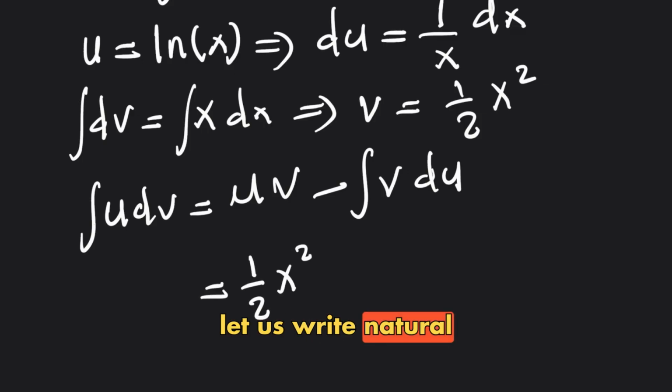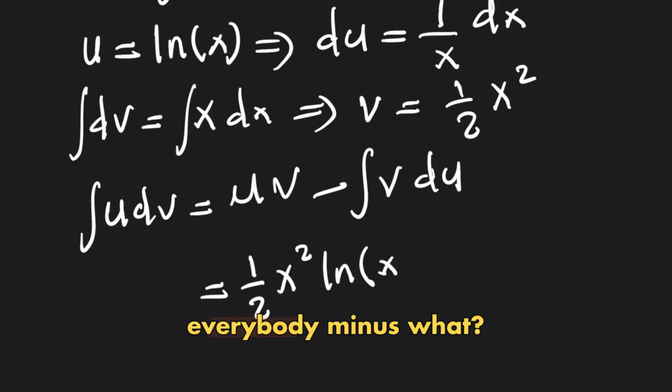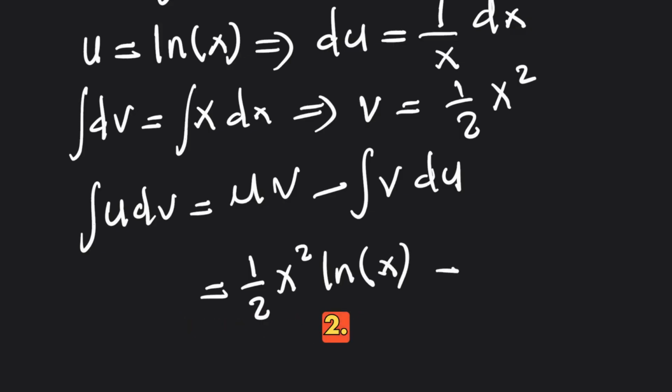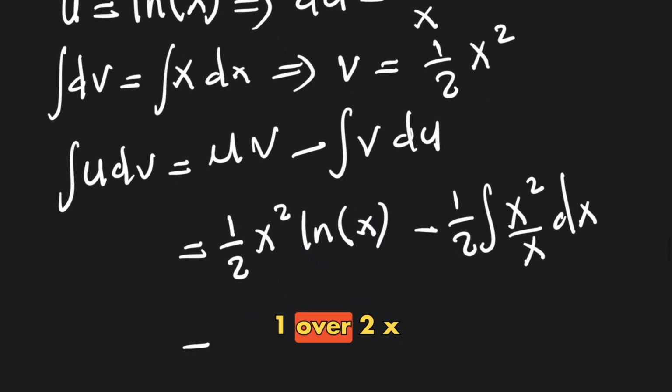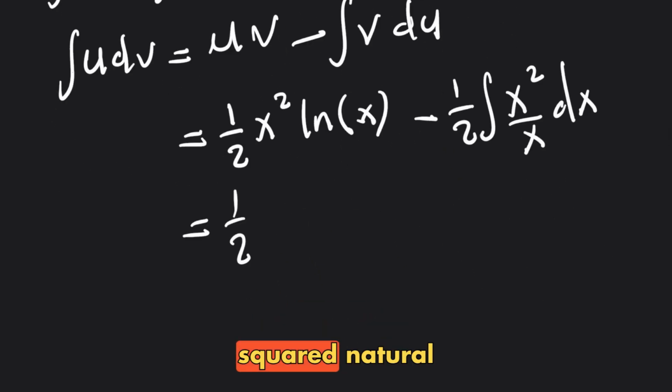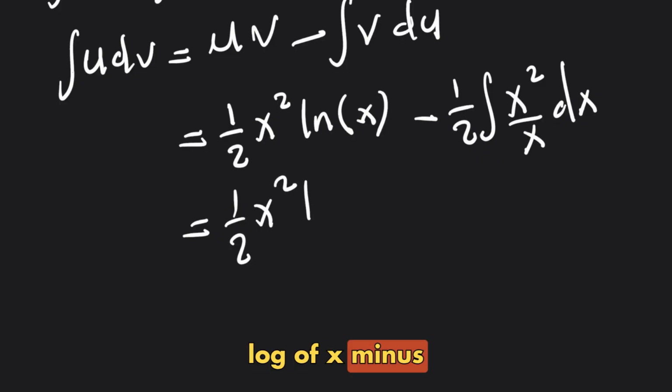Then let us write 1 over 2 x squared natural log of x minus what? That is 1 over 2 the integral of x squared, then you have du, which is 1 over x, multiplied by dx.